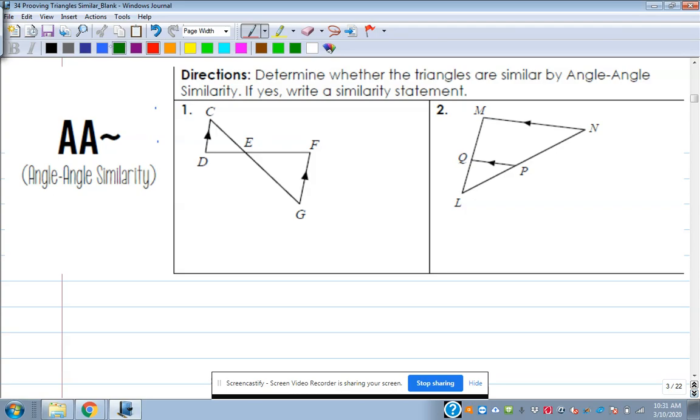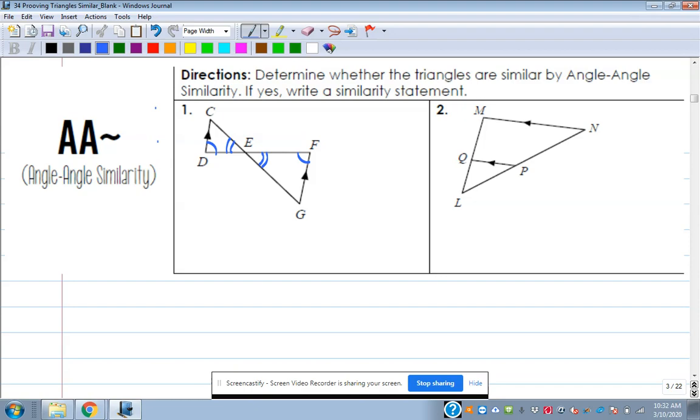You can do DF because they are alternate interior angles. So that angle is congruent to that angle. And this one is congruent to that one through vertical angles. That gives us two angles in a row, which would give us similarity. Technically, we also have that third angle up here.